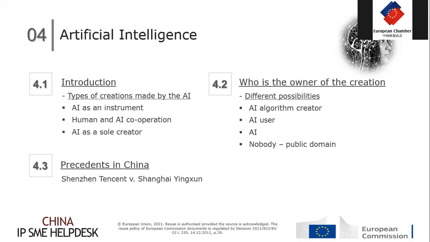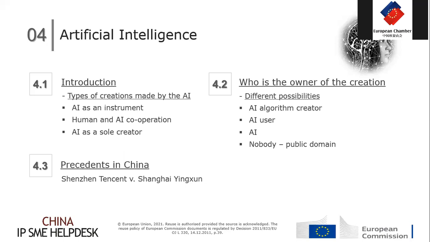Then we have the case of artificial intelligence with human intervention, which was the case of Dreamwriter. Because in this case, according to the court, there was a previous human selection of the articles that would be analyzed later by the software.